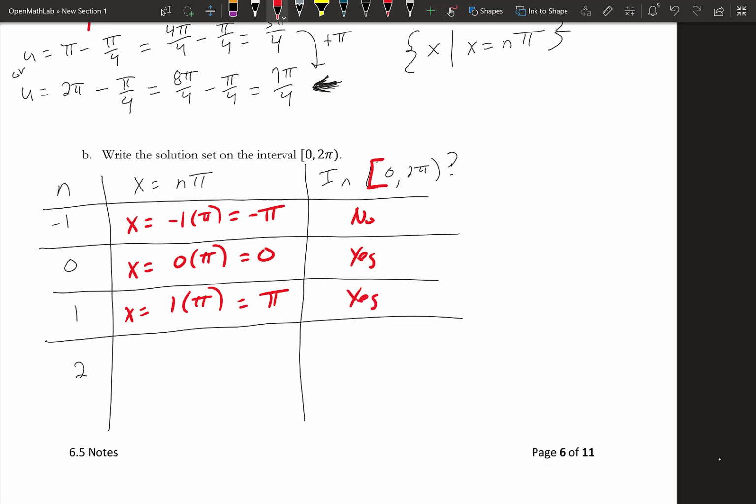And lastly, I can multiply by 2, which gives me 2 pi, and that's not included, because this parenthesis beside 2 pi means we're not including 2 pi. So this would be a no. So the only answers for this would be 0 and pi. So x would equal the set 0 and pi.